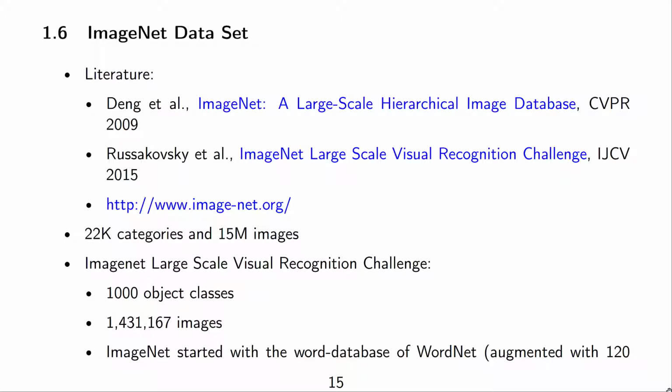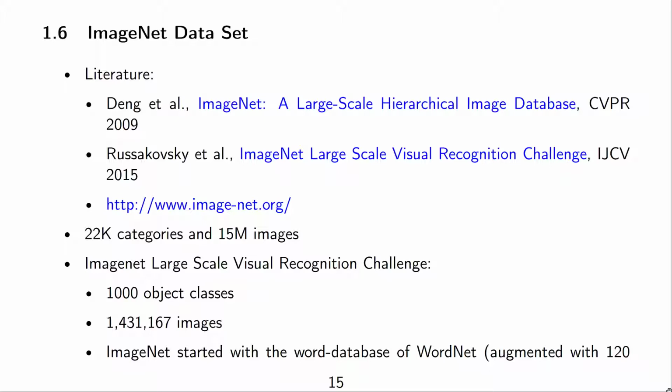How are you going to get classes to categorize the images? This is a non-trivial problem, because if you just think from the top of your head, what classes can you think of? Of course, cat, dog, elephant, giraffe, train, boat. You might have a problem coming up with 1,000 object classes.